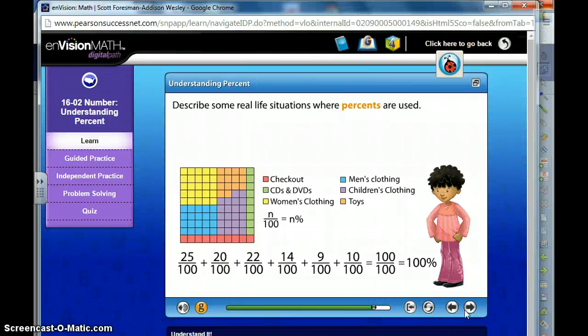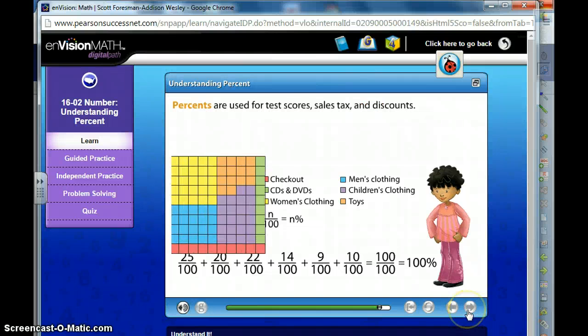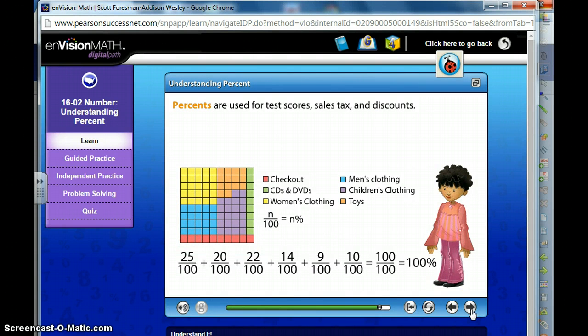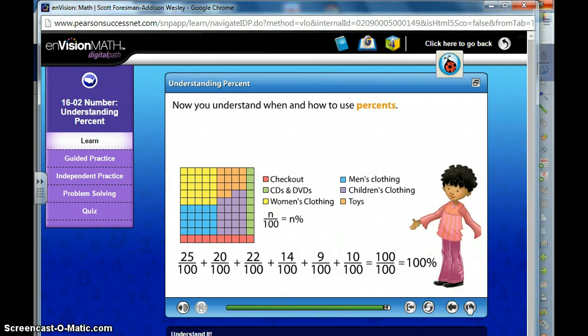A lot of times we use percents on surveys as well. Battery life, sure. Test score, sales tax. Percents are used. Now you understand when and how to use percents.